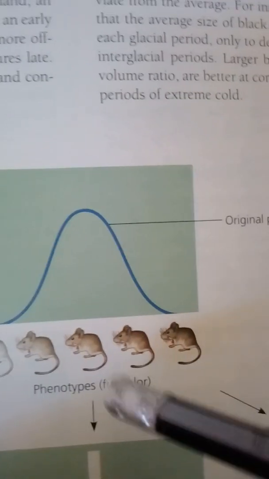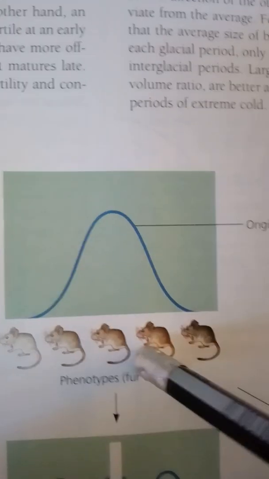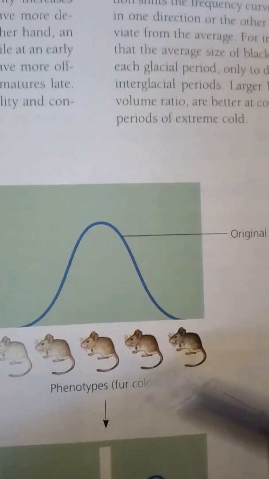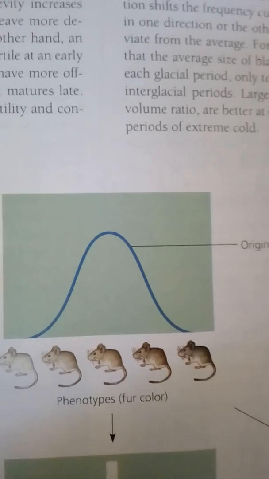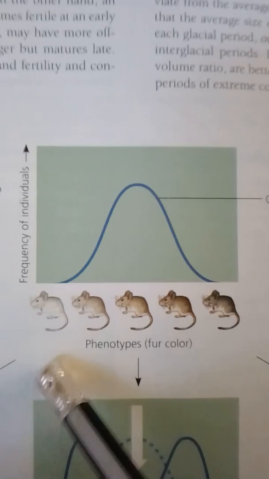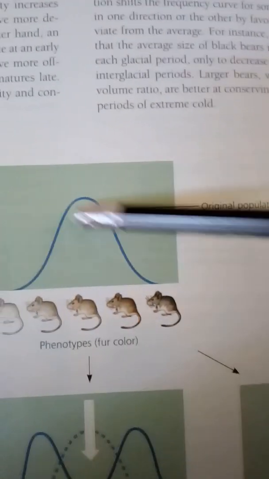The graphs show how the frequencies of individuals with different fur colors change over time. The large white arrows symbolize natural selection working against certain phenotypes. Notice that this frequency of individuals represents the original population.